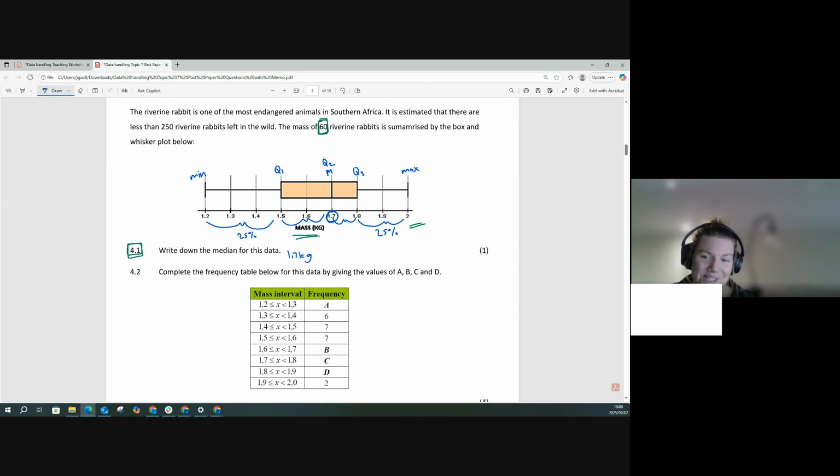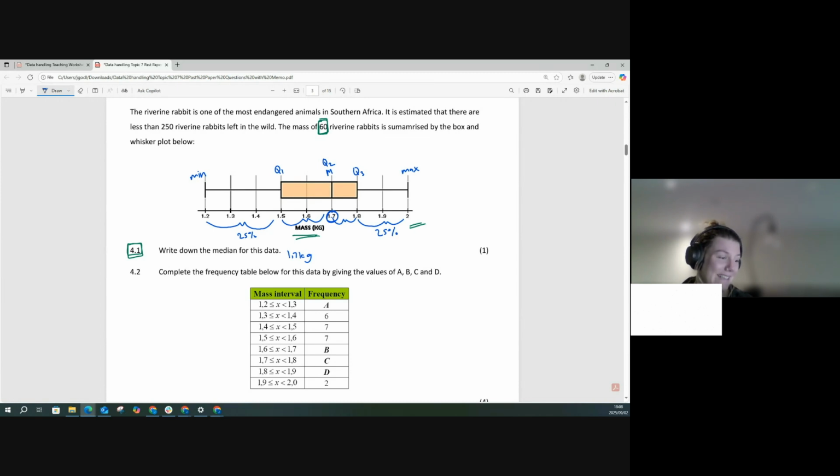Now the fun question. I would like you to complete the frequency table below. So you need to figure out what A, B, C, and D is. And the only information you have is that there were 60 rabbits in the study and the box and whisker that you have above. I encourage you to talk to each other.